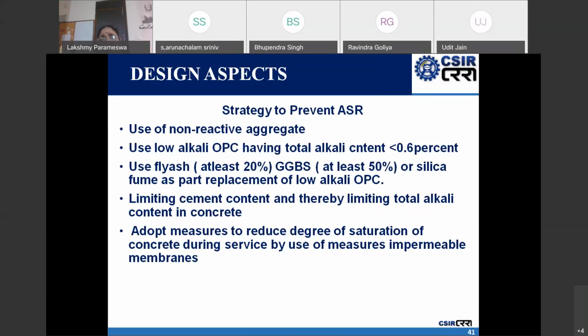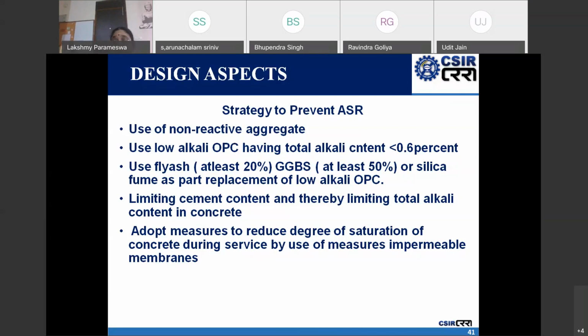There are similarly different strategies for the prevention of alkali silica reaction, because there is a scarcity of good aggregates, and that's why we may have to limit the cement content, to limit the total alkali content, or one may use low alkali OPC, that is which are having total alkali content less than 0.6%, or you can use fly ash at least 20%, or GGBS at least 50%, or silica fume as a part of the replacement of the cement.